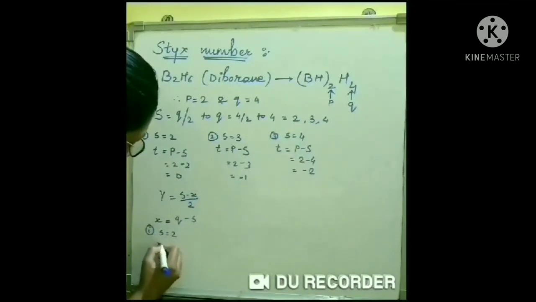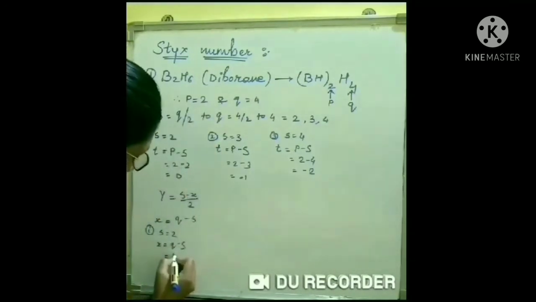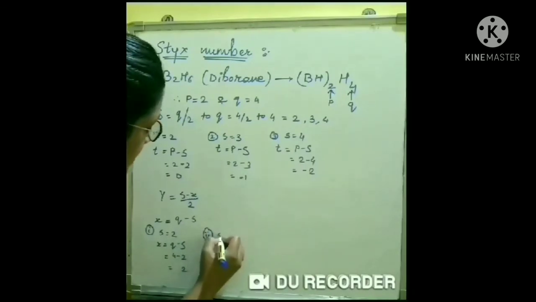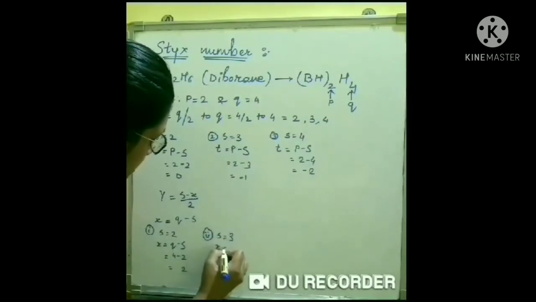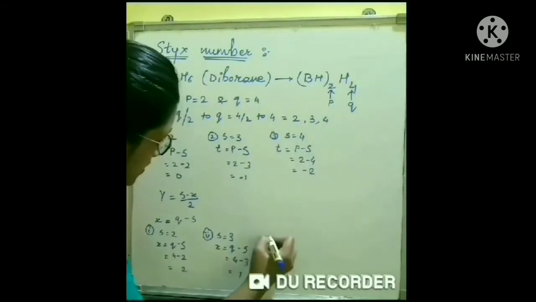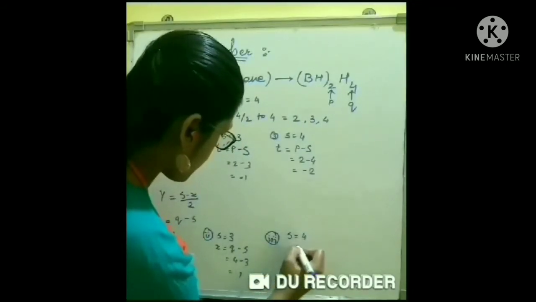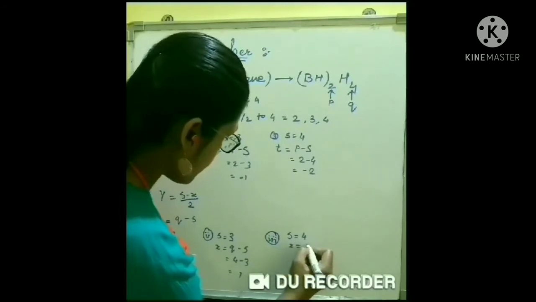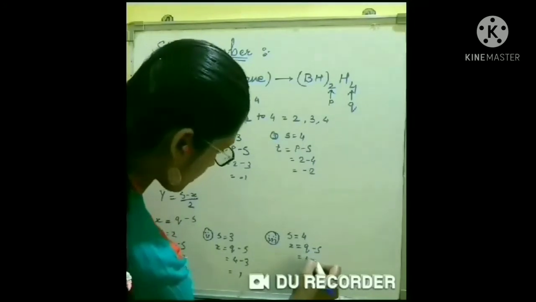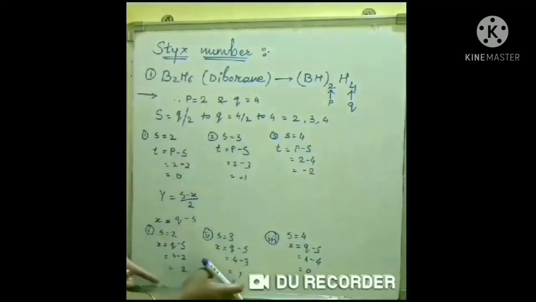The value of X will be Q minus S; Q is 4, so 4 minus 2 is 2. Then second, S is equal to 3, so X will be 4 minus 3, that is 1. Then third, S is equal to 4, so X will be 4 minus 4, which is 0. So these three are the values of X.